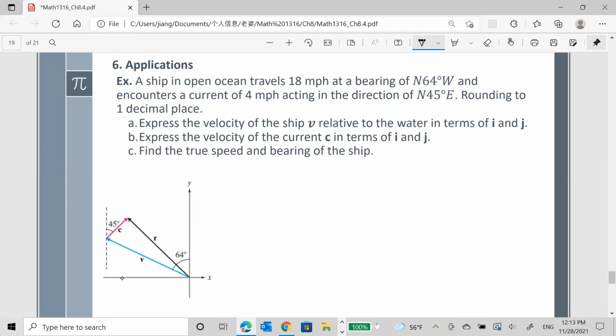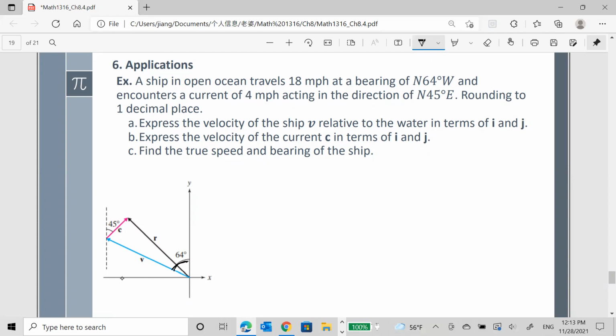The blue one is v, the ship traveling 18 miles per hour, and the bearing is from here to here, 64 degrees. And then it encounters the current of 4 miles per hour.